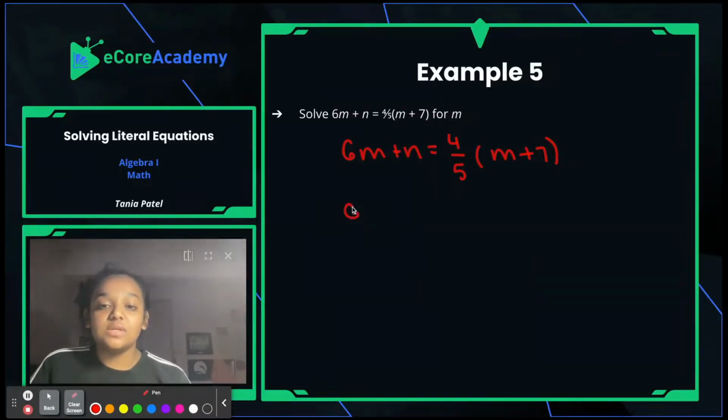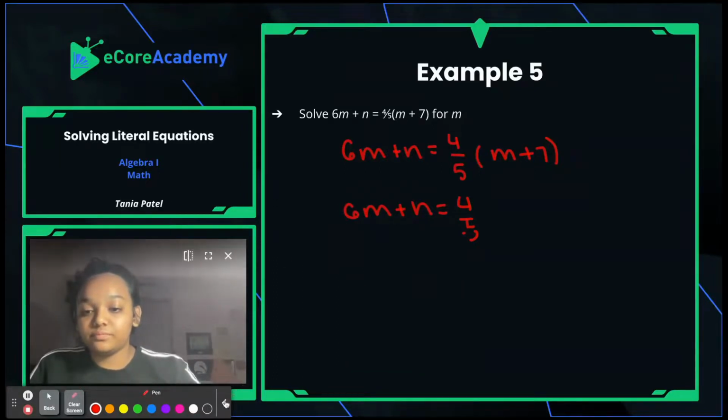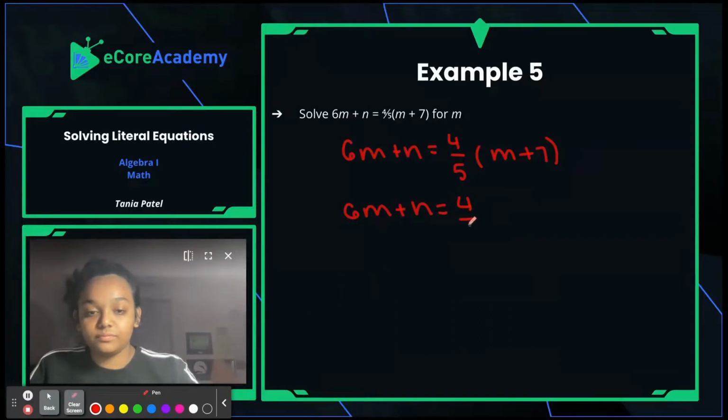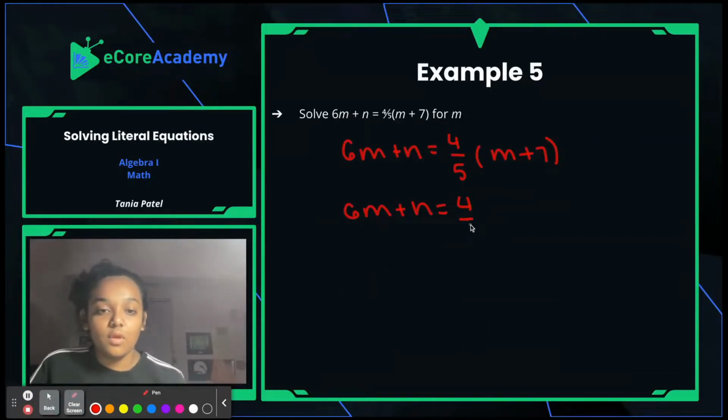So it's going to be 6m plus n equals 4/5 m plus 28/5.